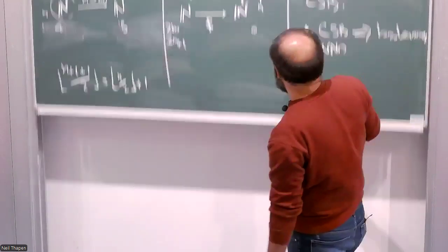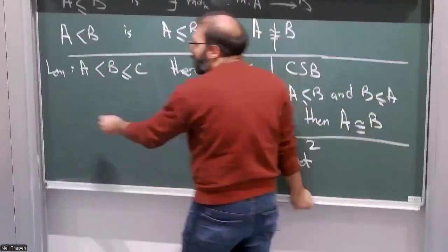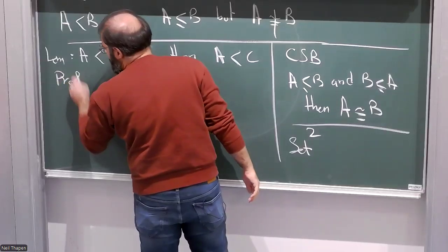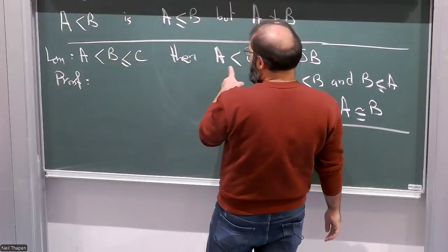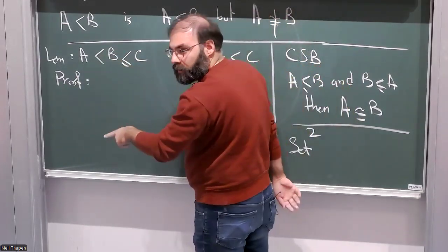Anyway, if you have your Cantor-Bernstein thing, then this lemma is true. That's simple, because of course A is less than or equal to C, since monic composition is monic.